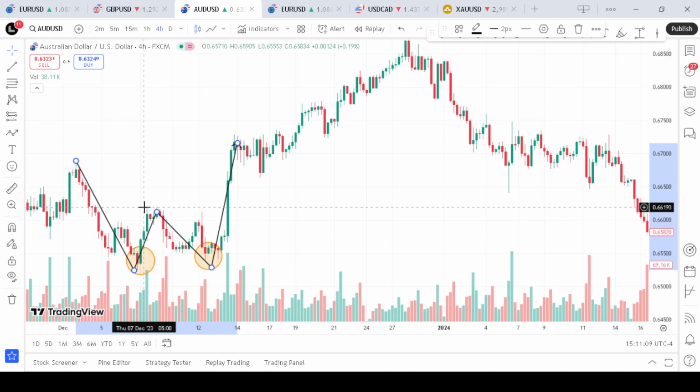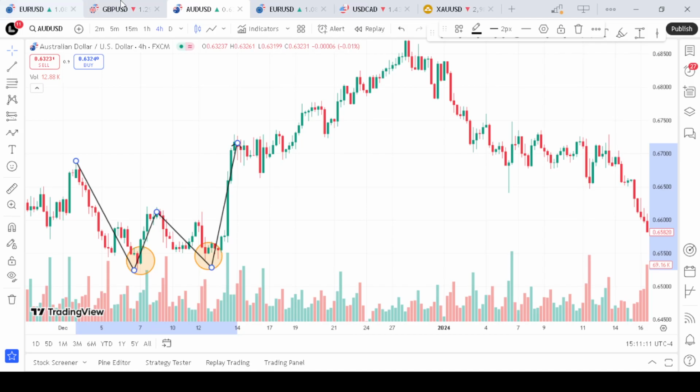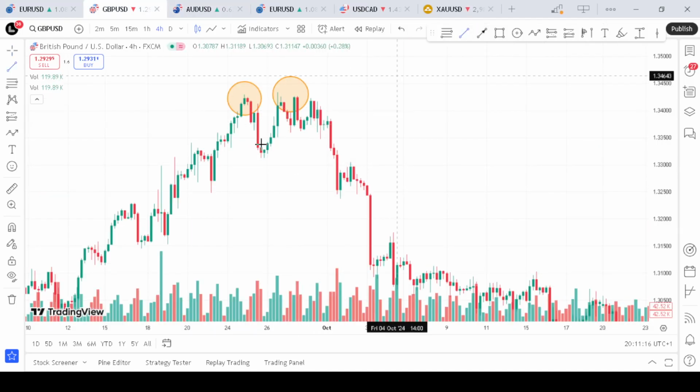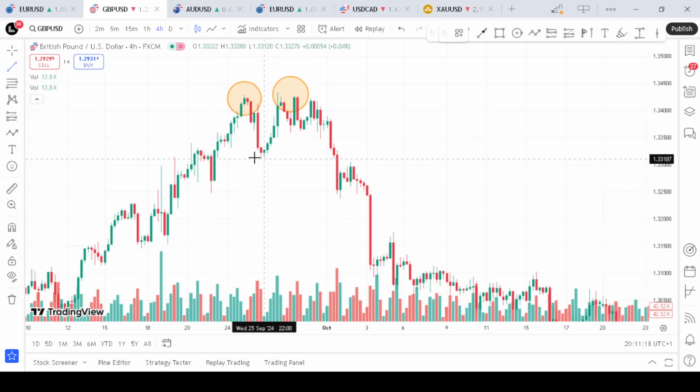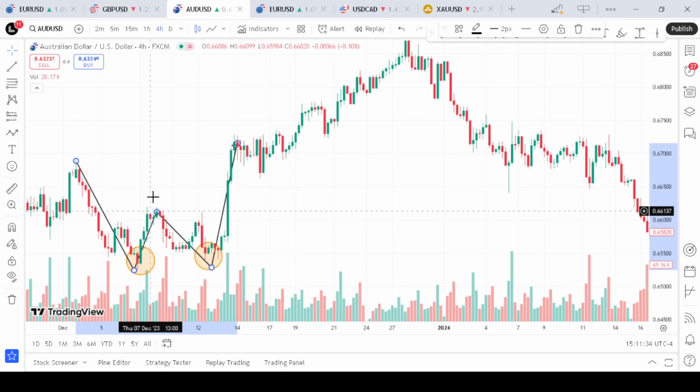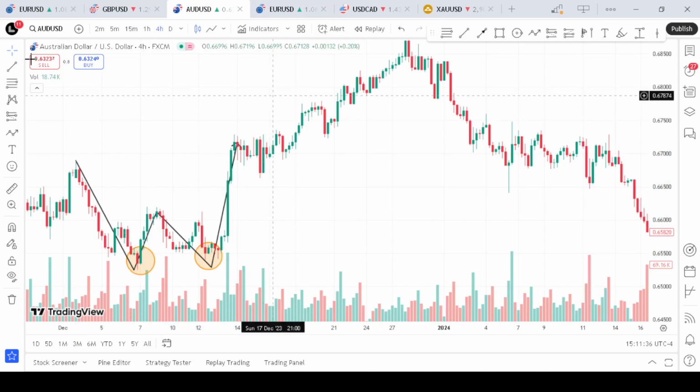A double top breaks below its trend line, below its neckline, and this is the neckline we are talking about. The neckline is this area where we expect price to break below. In a double top, price breaks below the neckline to confirm bearish sentiment and signal further downward movement, while in a double bottom, this would be our neckline.